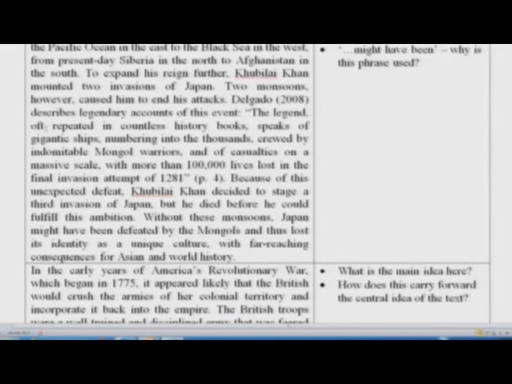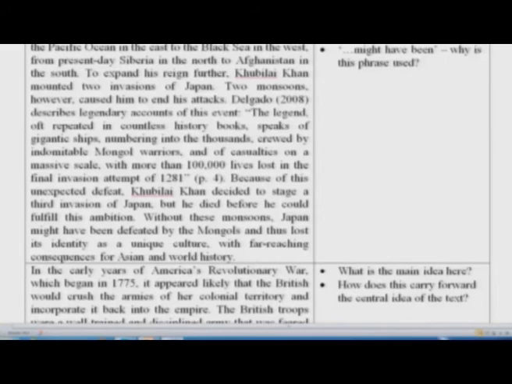The legend, often repeated in countless history books, speaks of gigantic ships numbering into the thousands, crewed by indomitable Mongol warriors, and of casualties on a massive scale, with more than 100,000 lives lost in the final invasion attempt of 1281, page 4. Because of this unexpected defeat, Kublai Khan decided to stage a third invasion of Japan, but he died before he could fulfill his ambition.